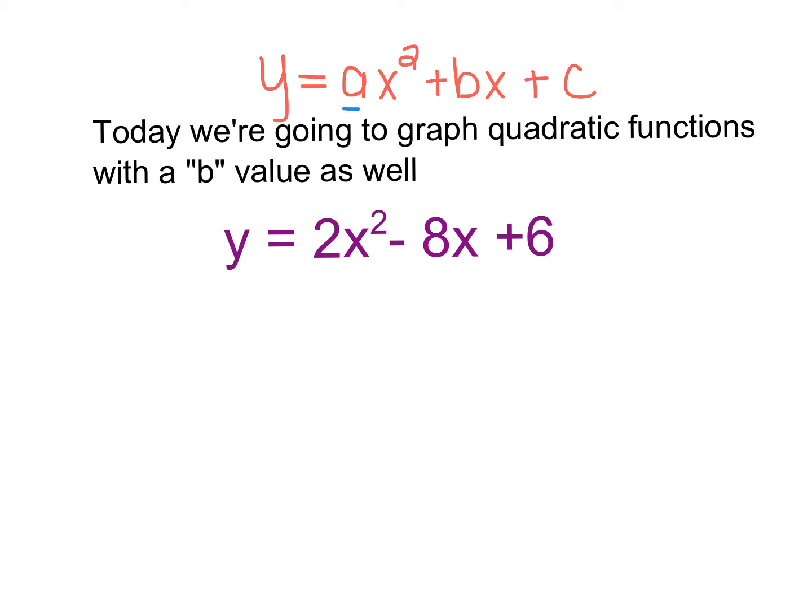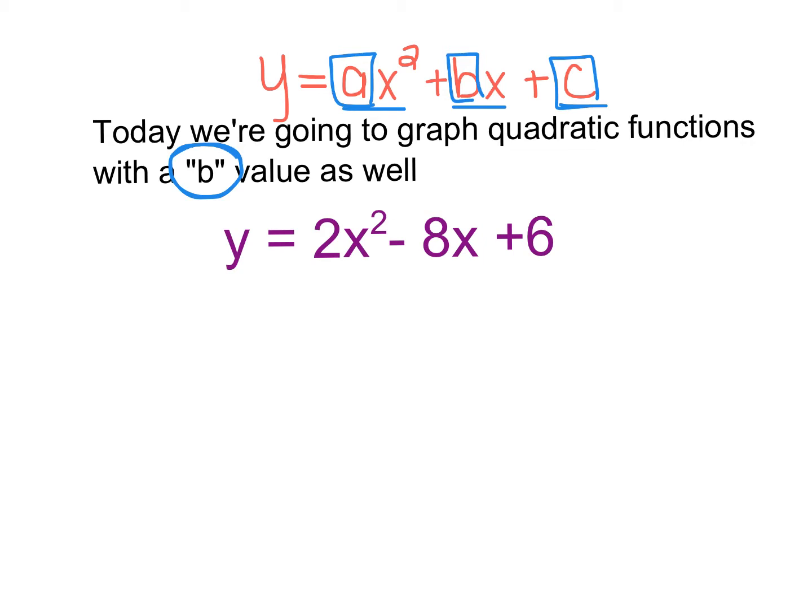You'll notice all of the x squared terms are grouped together, the x terms and the constants, and then you've got values for a, b, and c. This is different from the quadratic functions we were looking at yesterday. Those contained only a and c, and today we're going to look at ones that contain a b value as well.